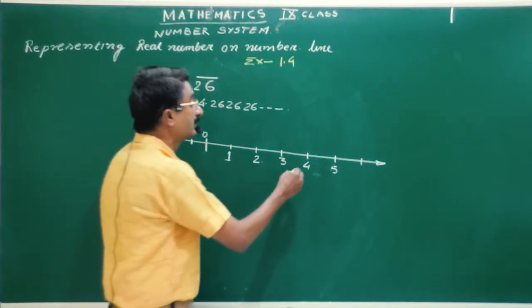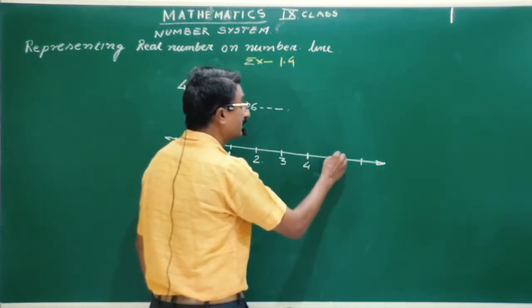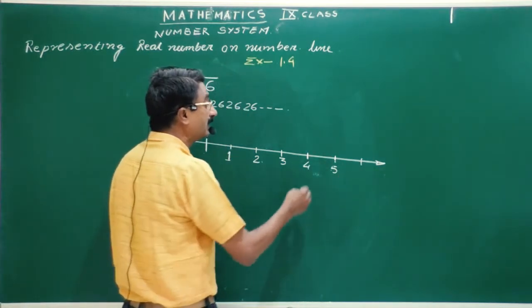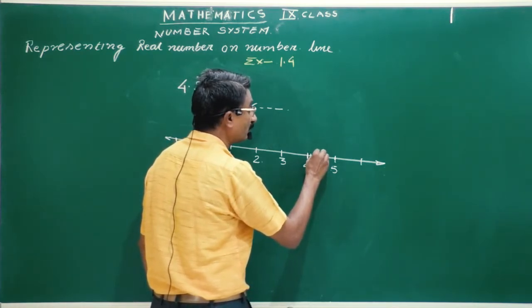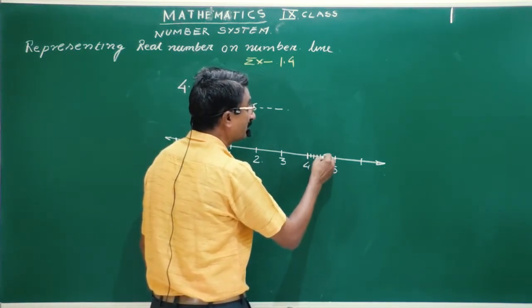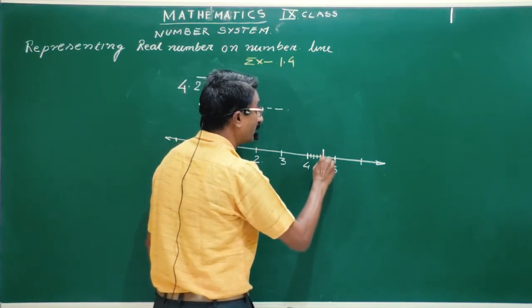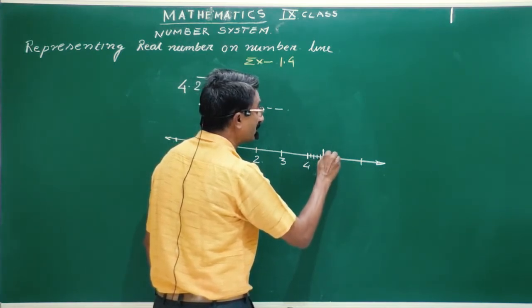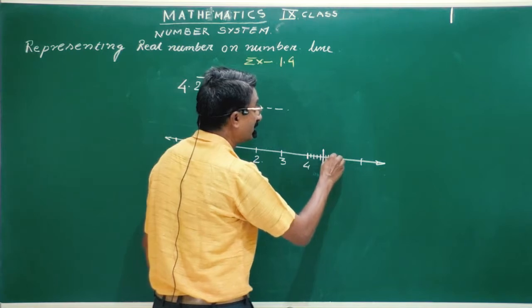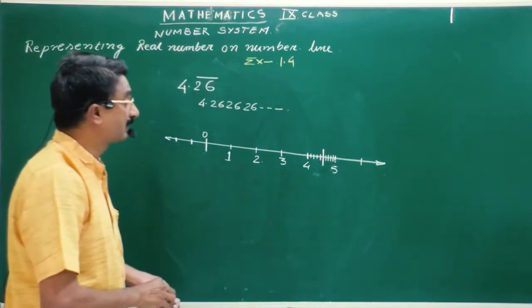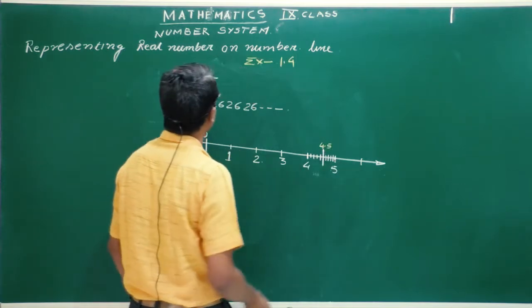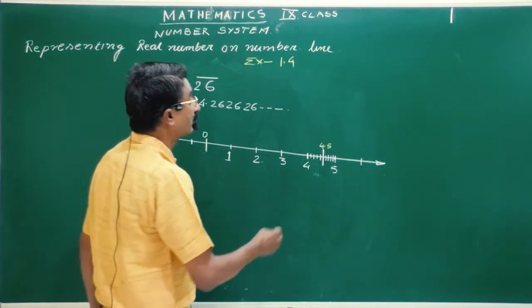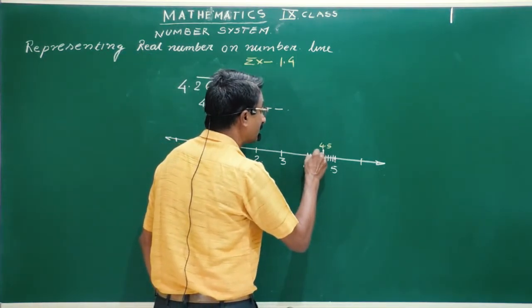So that's why I will divide this portion into 10 equal parts. So that is 4.1, 4.2, 4.3, 4.4, 4.5, 4.6, 4.7, 4.8, 4.9. Clear? So we need 4.2. So this is our place.